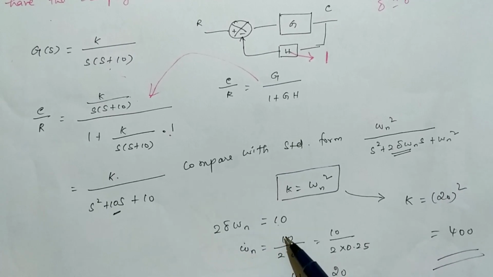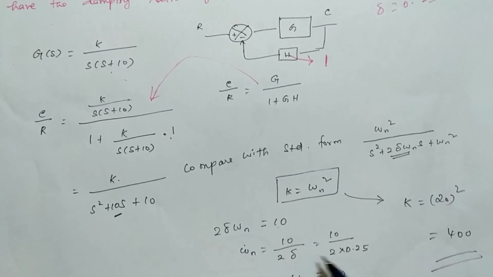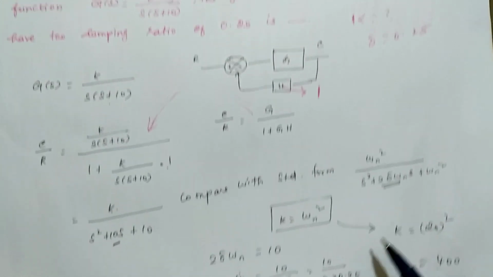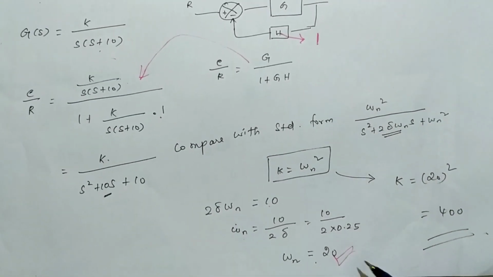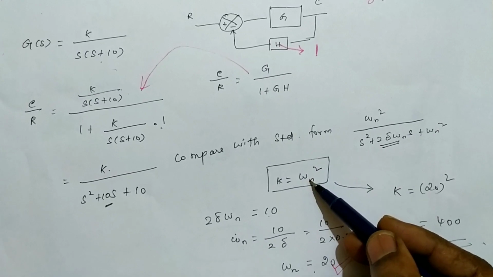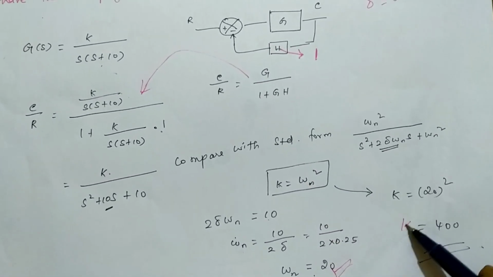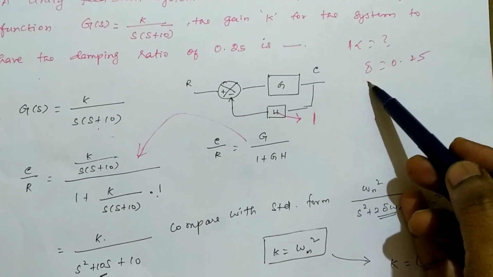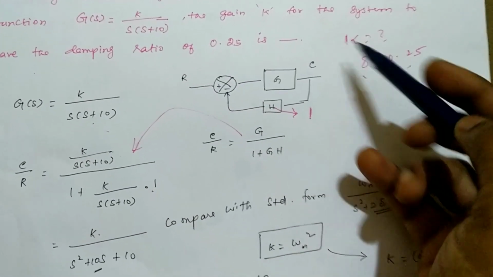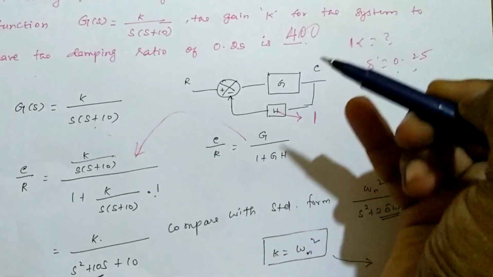So omega n is equal to 10 over 2 into delta. Delta is given as 0.25 in the problem. So omega n value is 20. Substitute this omega n here, and we have the K value: K is 400. So the question asked for K when delta is equal to 0.25. K value is 400.